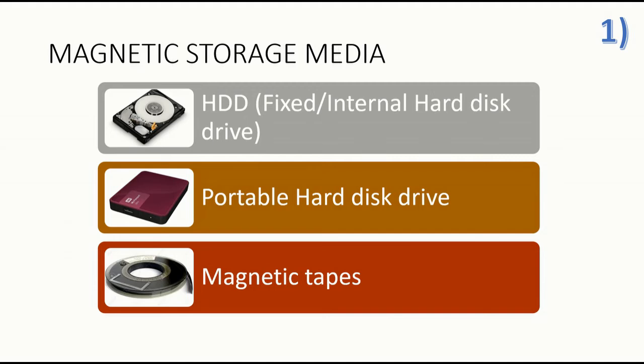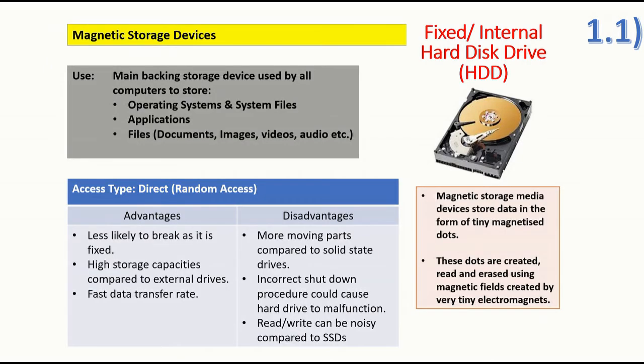Looking at the first kind of storage media that is part of our discussion today, magnetic storage media. The three devices we will be covering as part of magnetic storage media are HDDs, portable HDDs, and magnetic tapes. The fixed HDD, fixed hard disk drive, also called the internal hard disk drive, in short HDD, is a main backing storage device used by all computers.